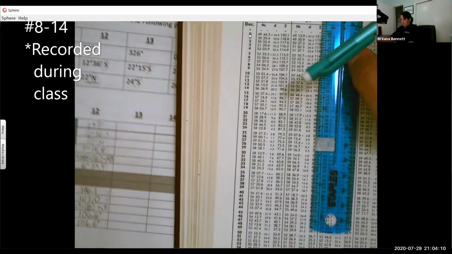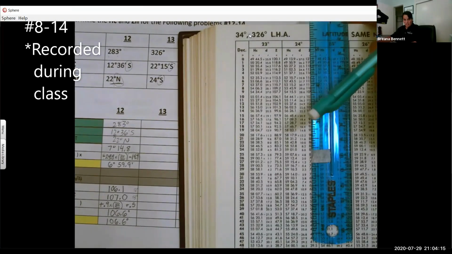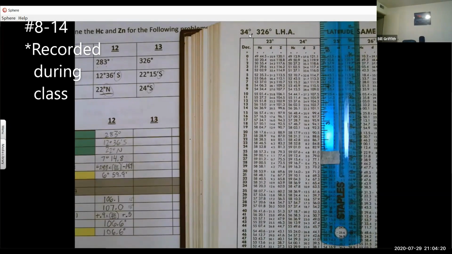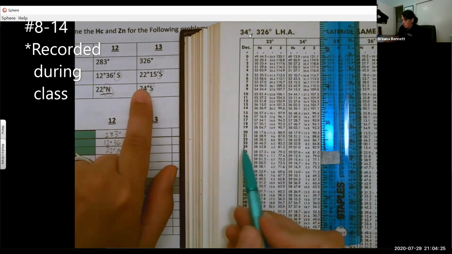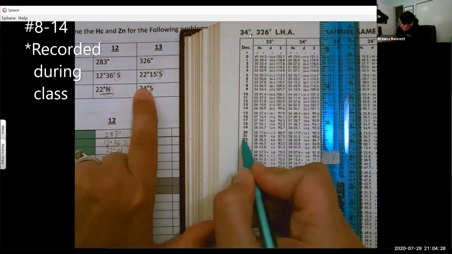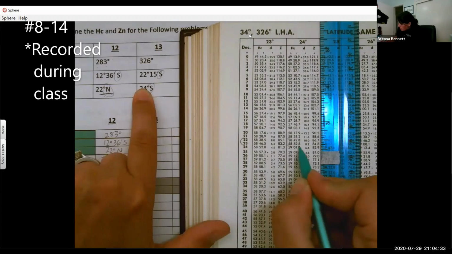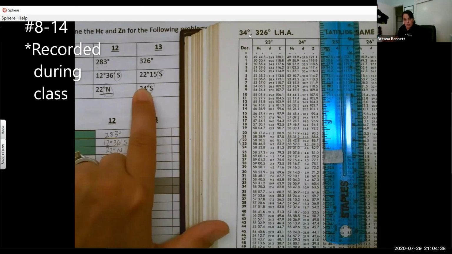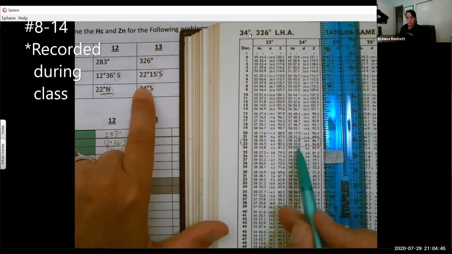Let's see if we can get this all on the same frame. Okay. So my declination is 22:15. So I'm going to be in between here. My 22 degrees, 15 minutes south. I'm in between these two.